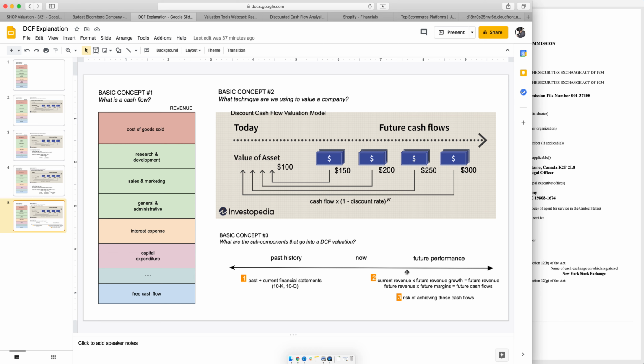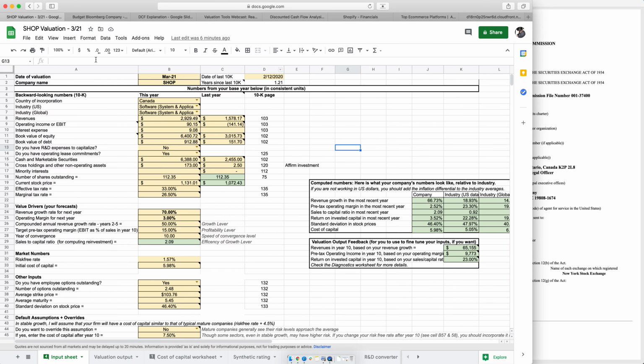Outside of that, the two other major areas are: what the future cash flows are going to look like for the company, which depends on us estimating a revenue growth number and a margin number. And lastly, we want to figure out what our discount rate is, and we'll do that as well. So without further ado, let's get into it.